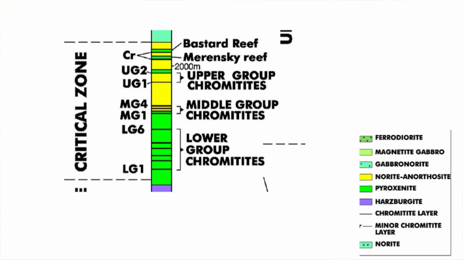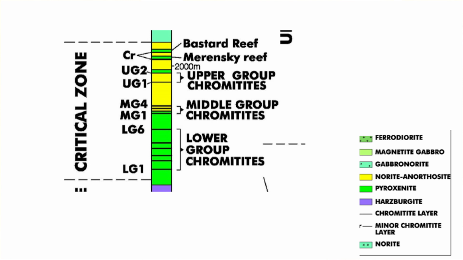We have the Lower Group chromitites, which are mined. LG6 is probably the major high-quality chrome producer. And then in the Middle Group, the MG1 and the MG2 are the major chrome producers. Recently, at Thaba mines, they've been mining MG3 and MG4, but also extracting the platinum group metals.